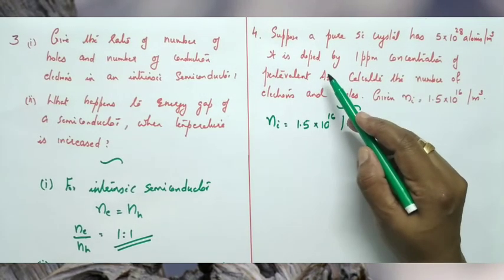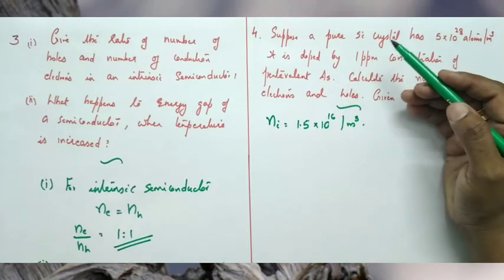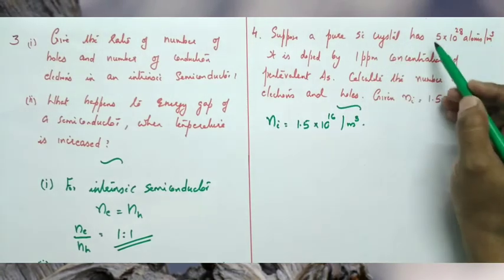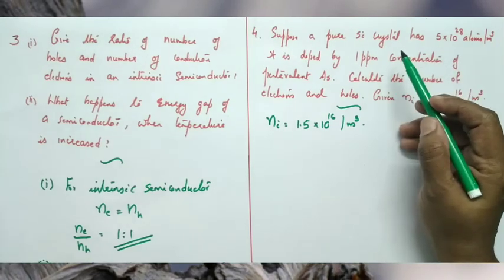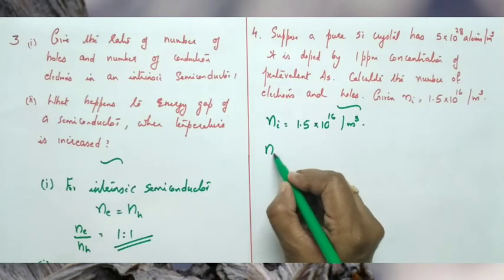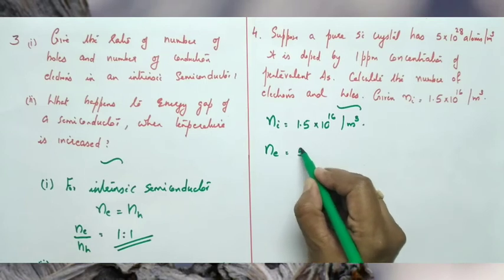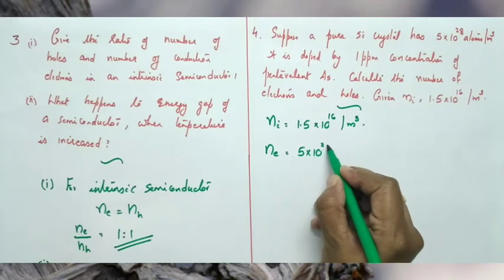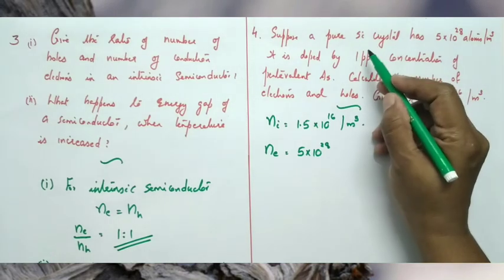Okay, so it is doped with pentavalent arsenic means which number is greater? Number of electrons will be greater, no? So, this represents the number of electrons when a pure semiconductor is doped with a pentavalent impurity. So, Ne equal to 5 × 10^28 atoms per meter cube, but it is doped with 1 part per million.